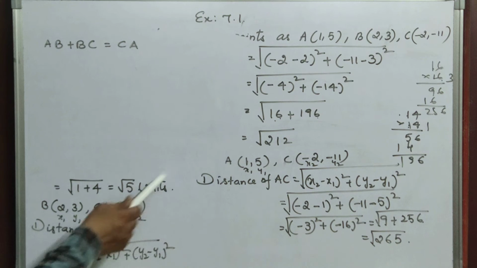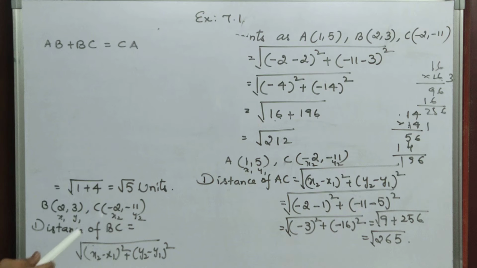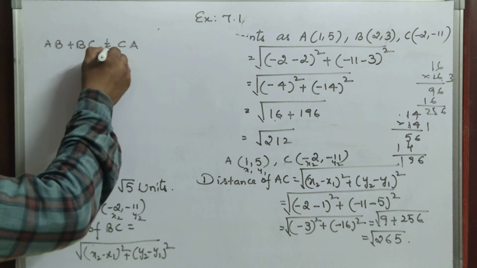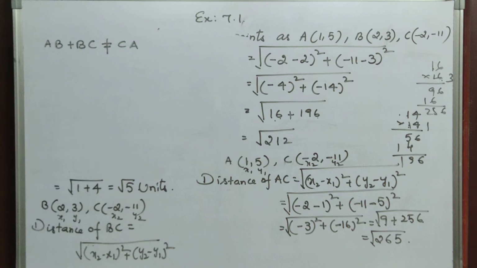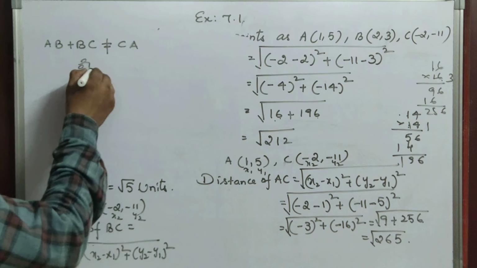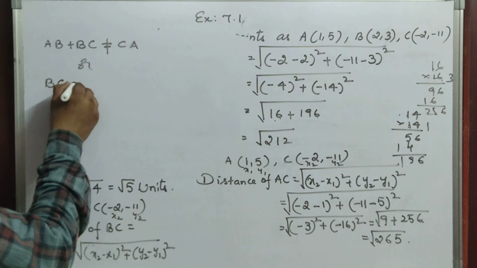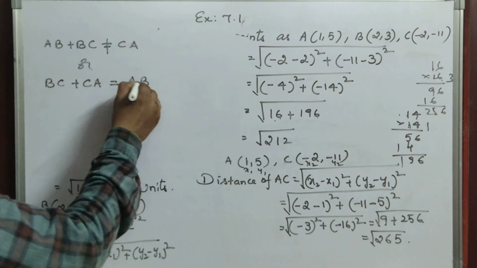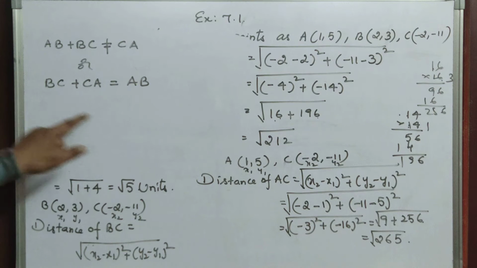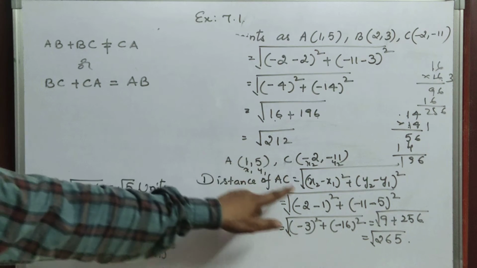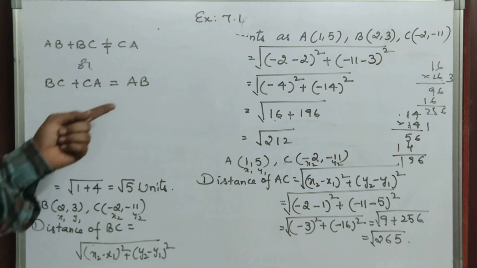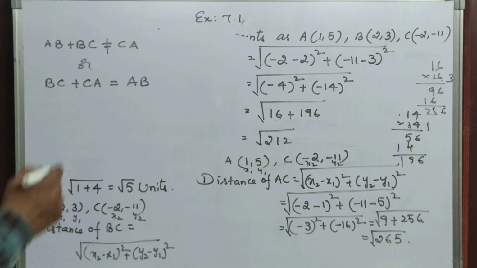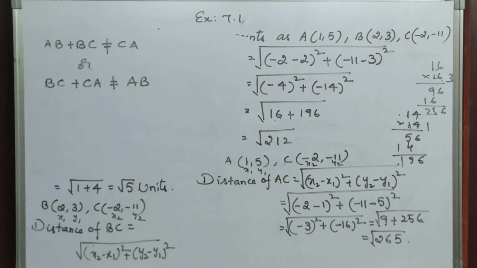We cannot add these two. So not possible. Next, BC plus CA equals to AB. BC is root 212, CA root 265. Can you get root 5? No chance. So not equal.